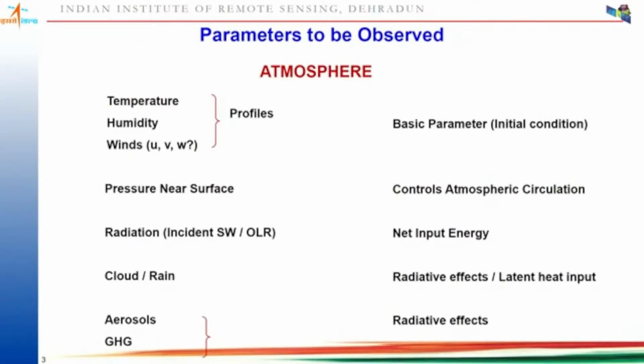Now, what are the important parameters to be studied? There are various factors that determine the state and condition of the atmosphere. These conditions can be sensed by certain parameters like temperature, air pressure, humidity, cloud properties, winds, and many more.